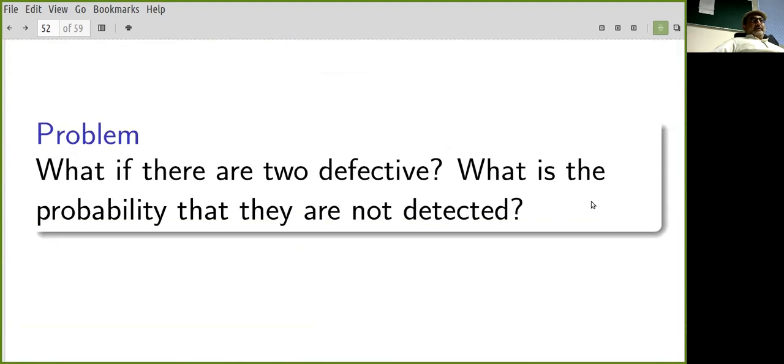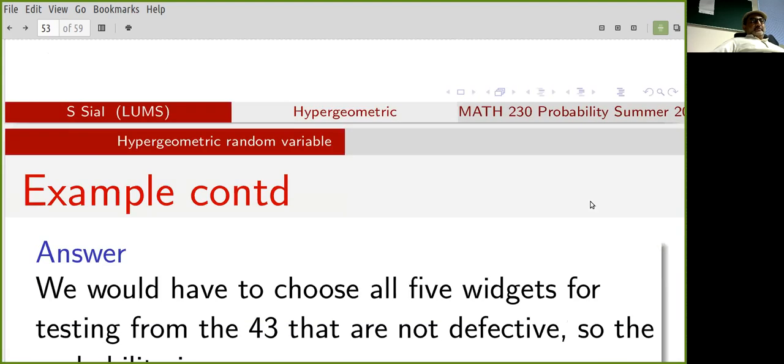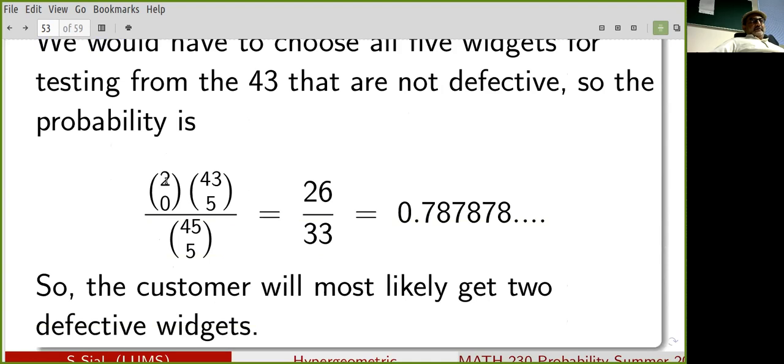What if there are 2 defective? What is the probability that they are not detected? We have to select 5 widgets, and we have to miss the 2 defective ones. So out of the 2 defective widgets, we have to choose 0. Out of the 43 non-defective widgets, we choose 5.